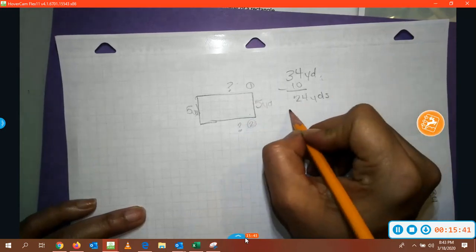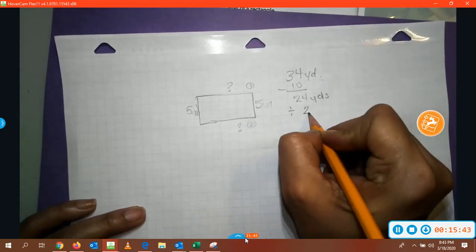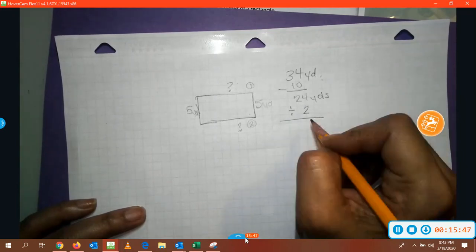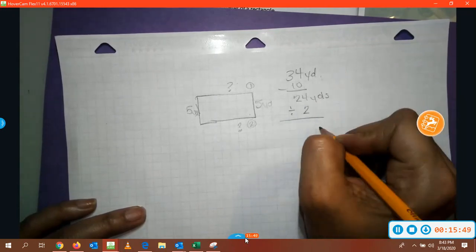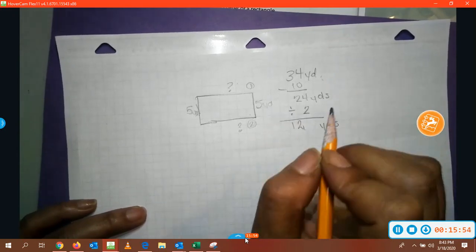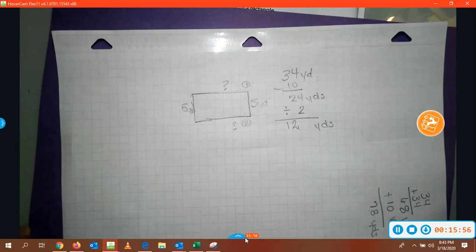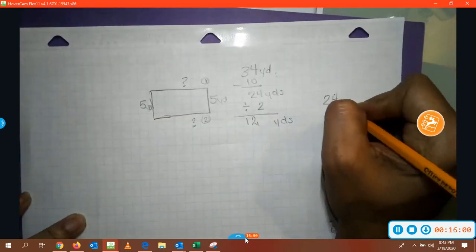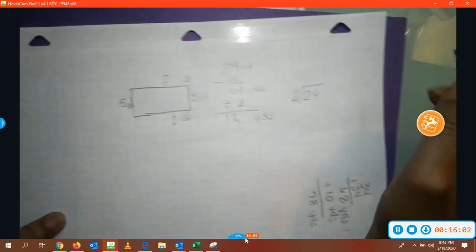So 24 divided by 2 equals, anybody know? Pick me. Yes, Miss Johnson. I think it's 12. It is 12. Good job, Miss J. Thank you. So it's 12 yards. Let me write it over here for those that need to see it.